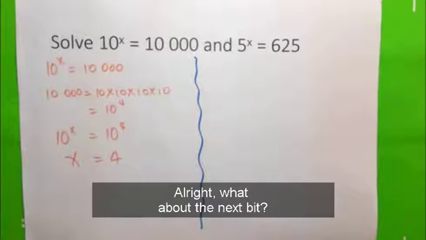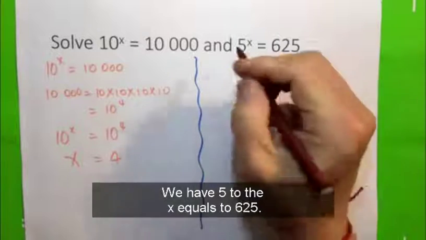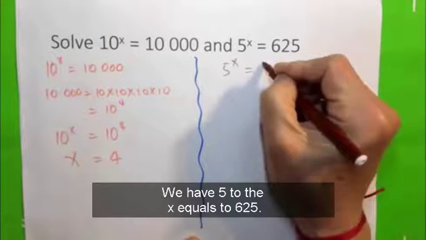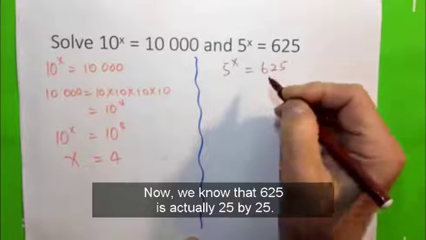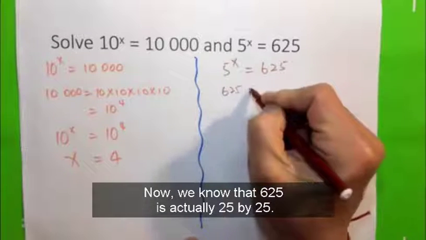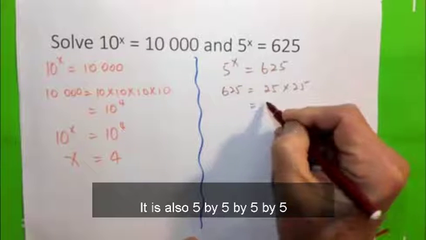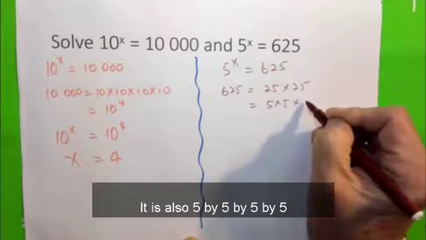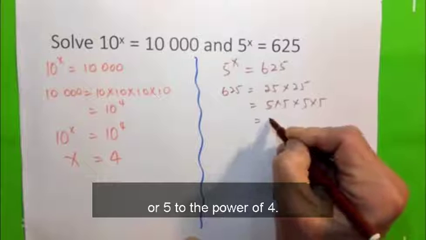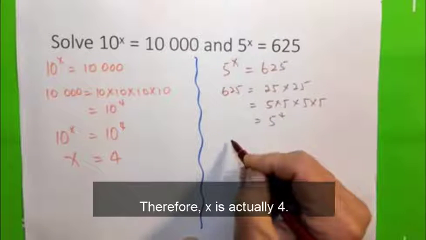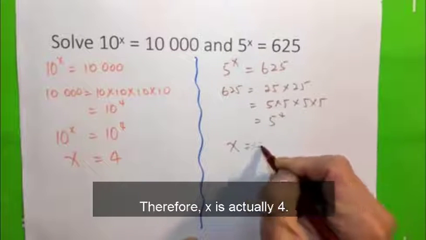Alright? What about the next bit? We have 5 to the x equals 625. Now, we know that 625 is actually 25 by 25. It is also 5 by 5 by 5 by 5, or 5 to the power of 4. Therefore, x is actually 4.